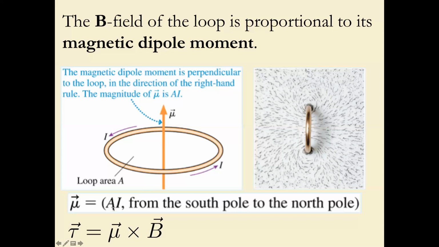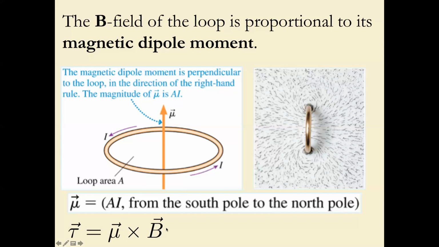Its magnitude is equal to current times the area of the loop. I is the current, A is the area of the loop, and it points from the south pole to the north pole of the loop.